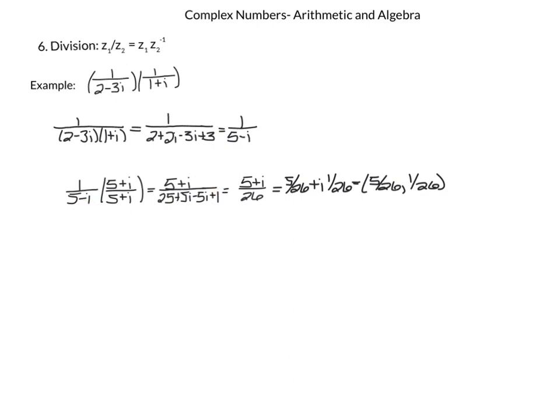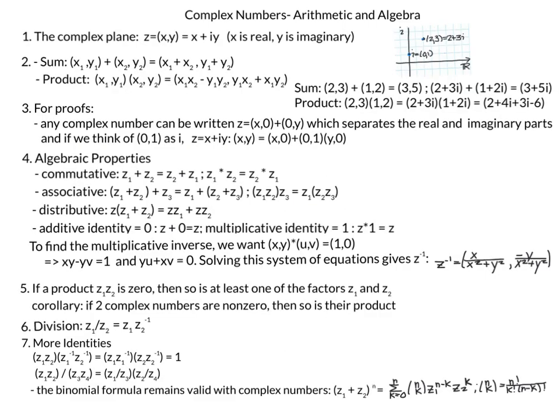So I have (5 plus i) over 26. I can separate this out into two fractions, 5 over 26, and then i times 1 over 26. So my representation as an ordered pair of this complex number would be (5 over 26, 1 over 26).